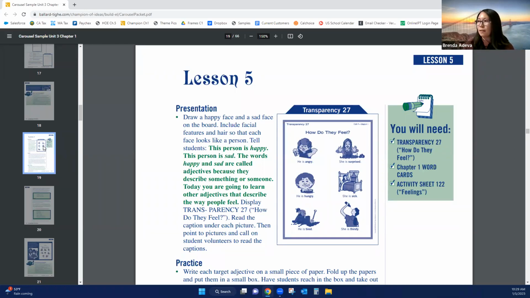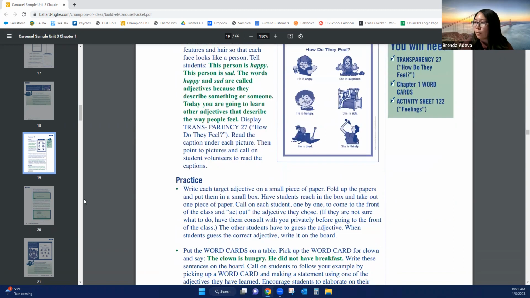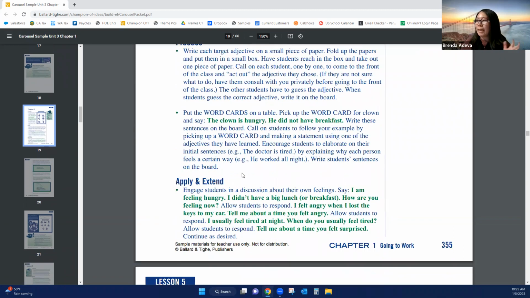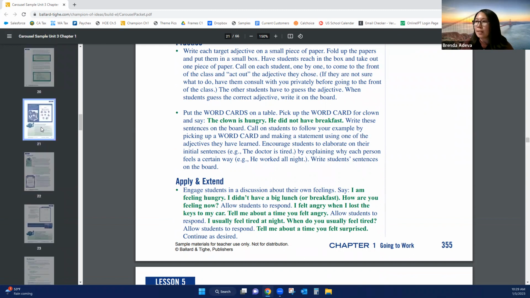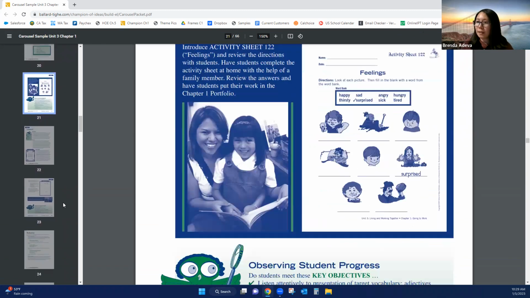So here's the new content of feelings. You're going to see images, people who are happy, sad, etc. You're going to then talk about why someone is a certain feeling. So like the clown is hungry, he did not have breakfast. Then talk about your feelings, right? And then you'll have some different worksheets on feelings.